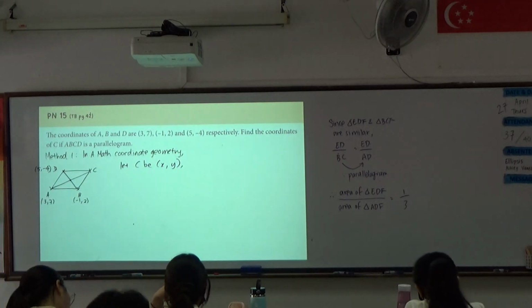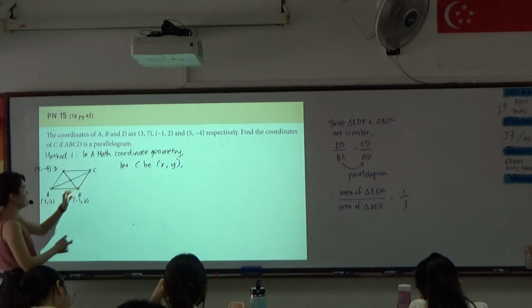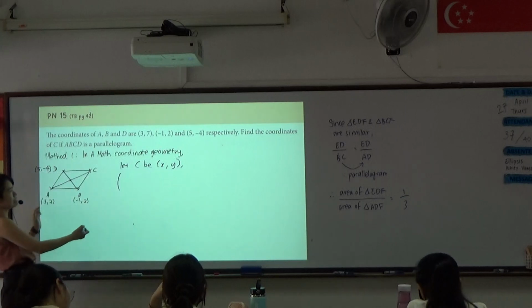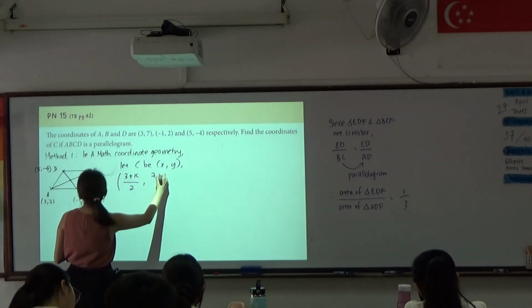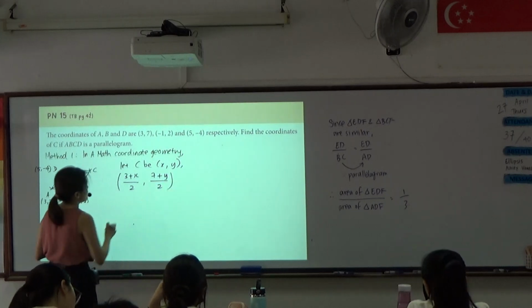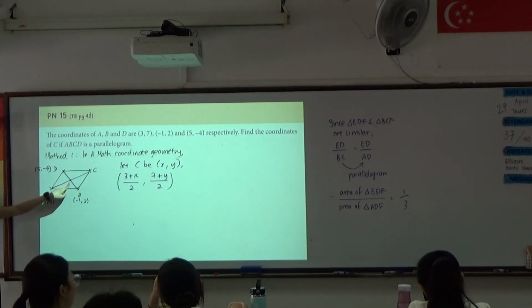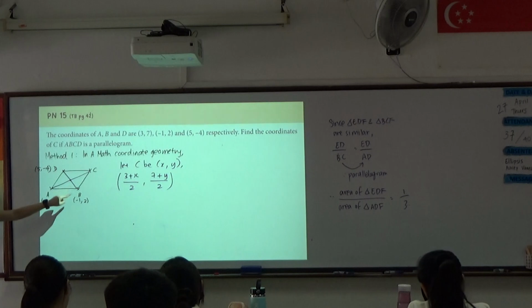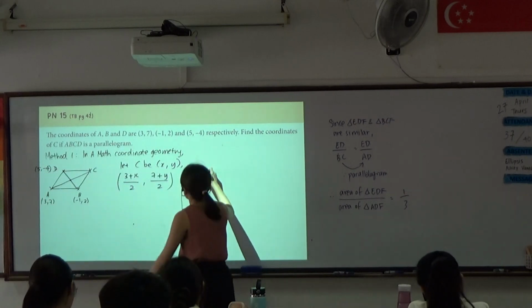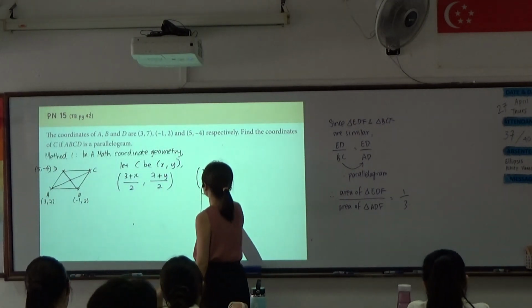The midpoint of AC is found by summing the x coordinates and dividing by 2, likewise the y coordinates, summed and divided by 2. That will be the midpoint of diagonal AC. The midpoint of diagonal BD is exactly the same thing, just with different numbers.